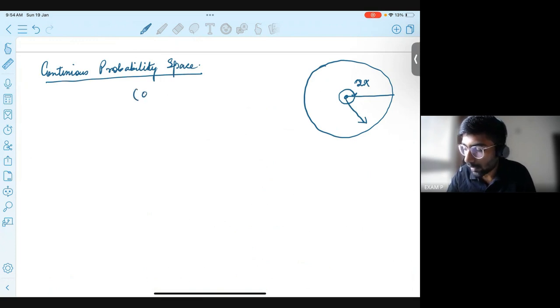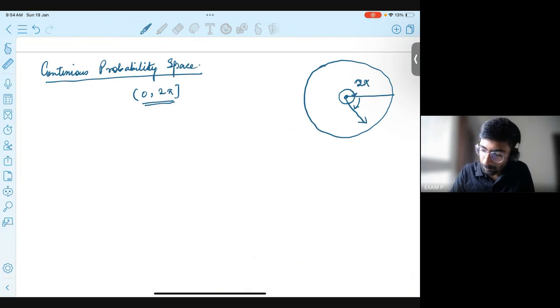If you measure the degree going in this direction, then this can be anything between 0 to 2 pi. Yes or no? Yes, sir. Now, this entire thing is also a probability space because these are all the possible outcomes for this particular event. So we are just spinning this wheel, which is essentially a circle, and noting where the hand stops. The hand can stop anywhere between 0 and 2 pi.